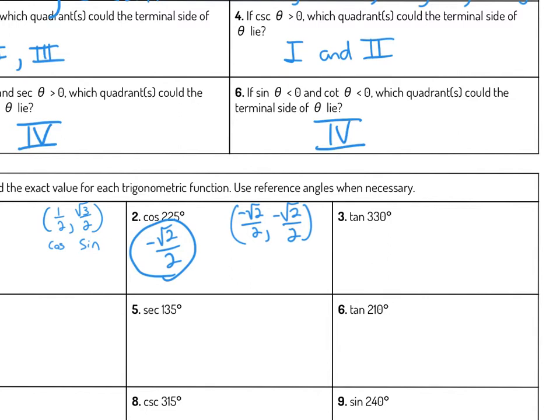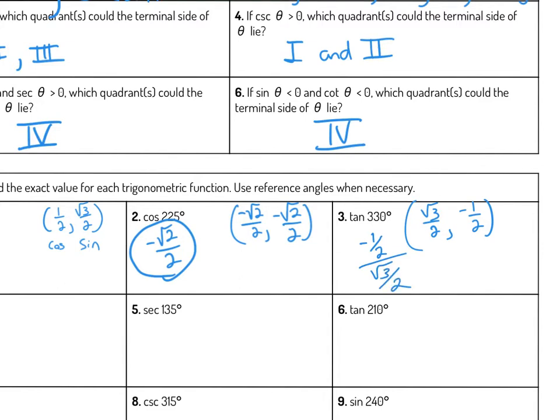The tangent of 330 degrees. 330 degrees has the coordinates square root of 3 over 2, negative 1/2. And the tangent is y over x. So it will be negative 1/2 over square root of 3 over 2.